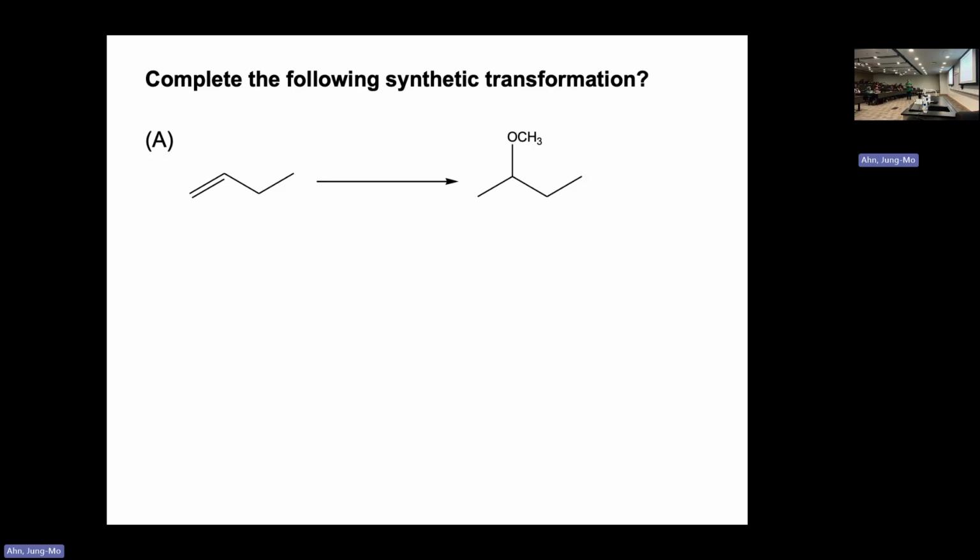I'm not comparing this one because this one doesn't have a double bond there. These two are making the double bond. This is the more substituted side, that's the less substituted side. The more substituted side gets the methoxy group. It's a nucleophile, so the nucleophile is sitting on the more substituted side. So this is a Markovnikov product, right?